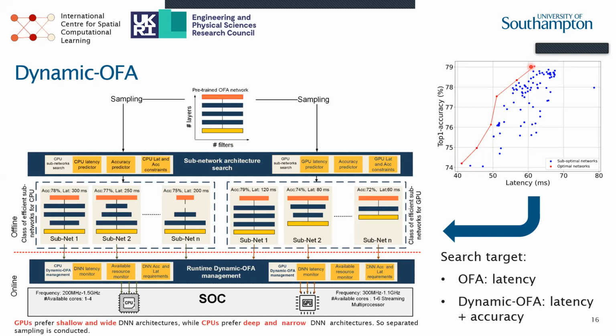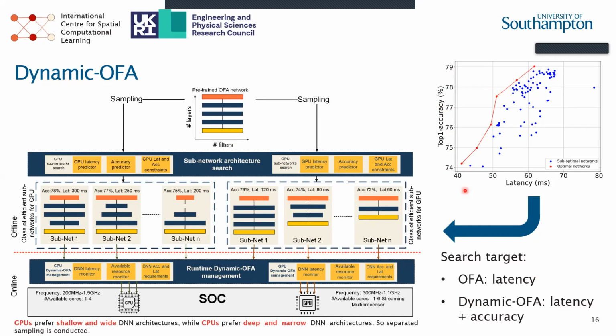So we also change the search space. If we want to find a model with the highest accuracy, for example, we just don't search for smaller models. And we also add an accuracy constraint in the search algorithm, so that we can have a library of subnetworks that have these trade-off relationships.